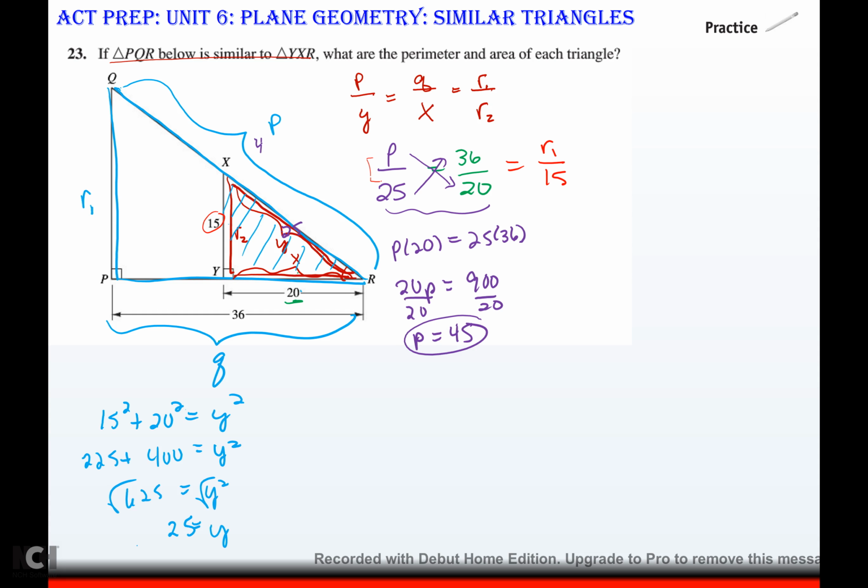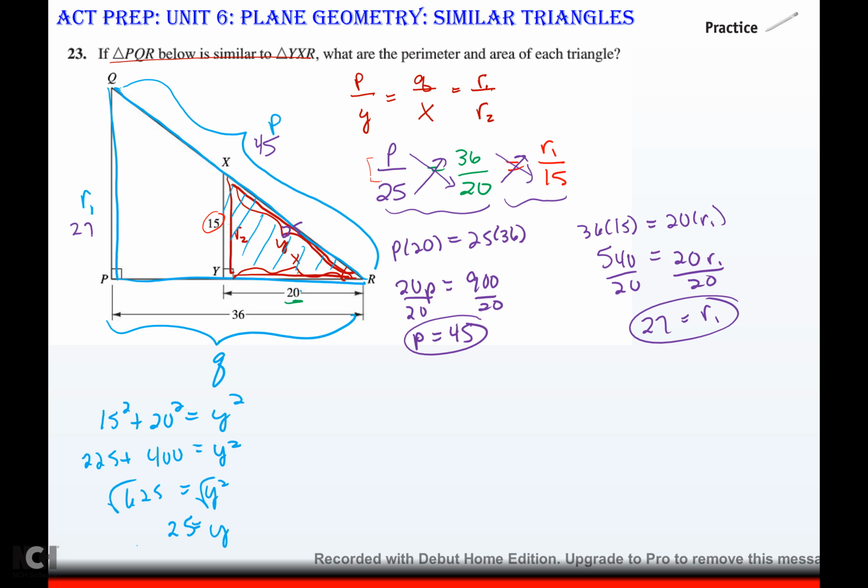So I know p now is 45. I've got to get little r1. So if I solve these two, that's going to give me 36 times 15 equals 20 times r1. So that's going to give me 540 equals 20 r1. Divide by 20, and little r1 is equal to 27.